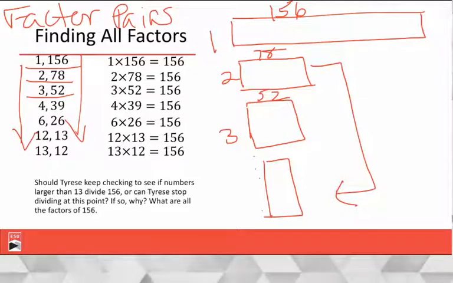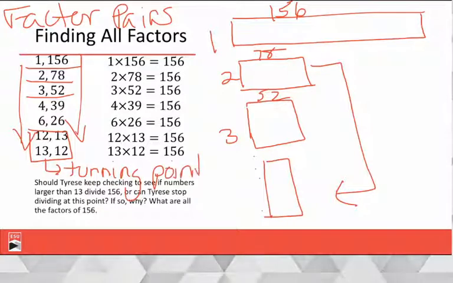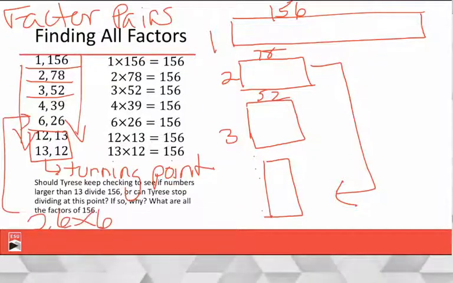Once we get to the point where our factors switch places, which we can call the turning point, we know we can stop. Because the next one we'd get to would be 26 times 6, but that was already caught up here because we have commutativity with multiplication. As soon as we hit that turning point, we can stop.